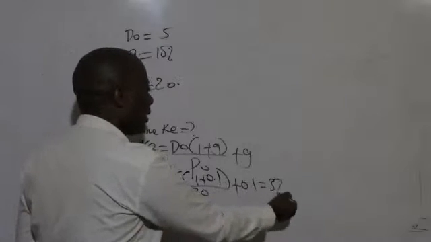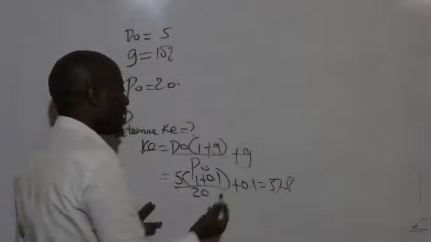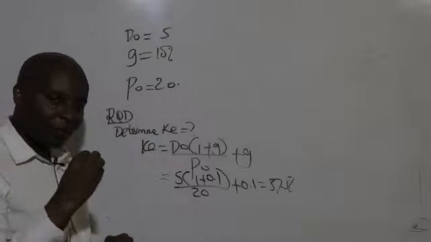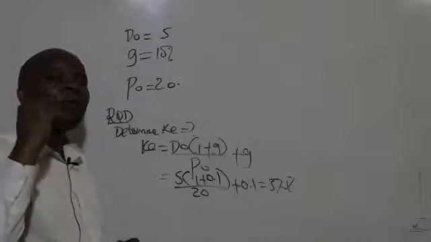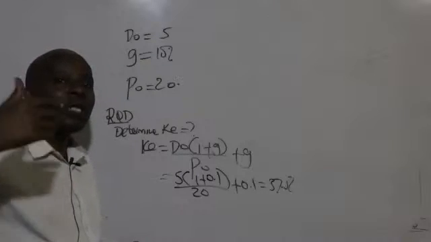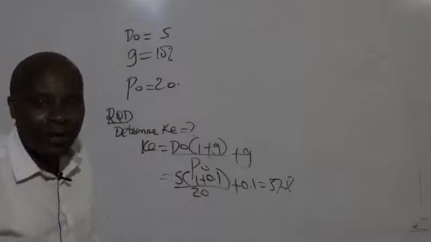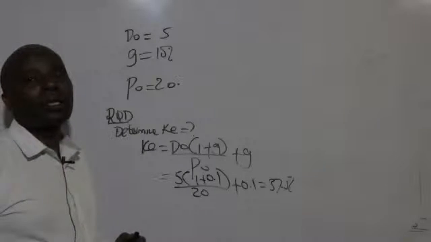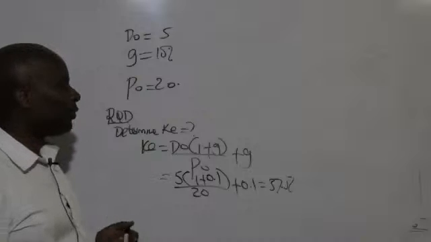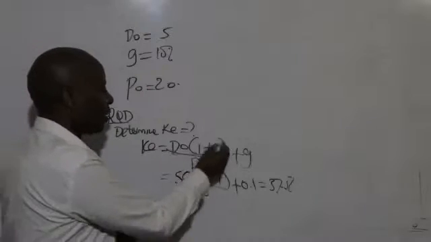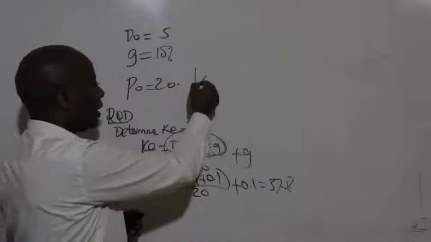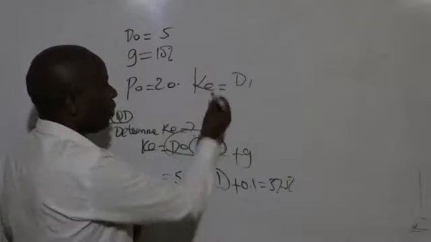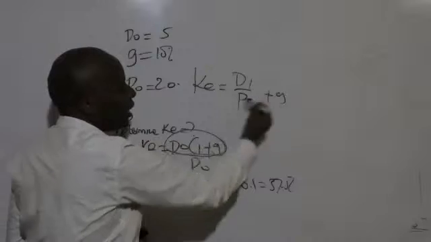Now I want to explain something very nicely here. Ladies and gentlemen, when it comes to cost of equity or valuation of shares, we prefer always working with dividends that have not been paid, what we call the futuristic dividend. You'll get some literature saying that the cost of equity equals D1 all over P0 plus g.